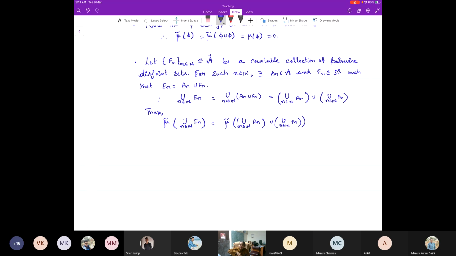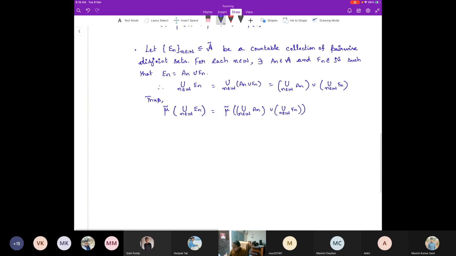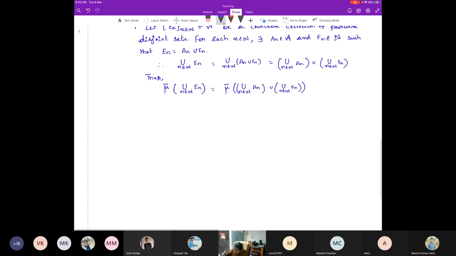Therefore the measure of the union of B_n is again 0, which tells us that this union lies inside script N. All these we saw in the last class when we showed that A tilde is a sigma algebra. Therefore, by definition of mu tilde, this is the same as mu of the union.